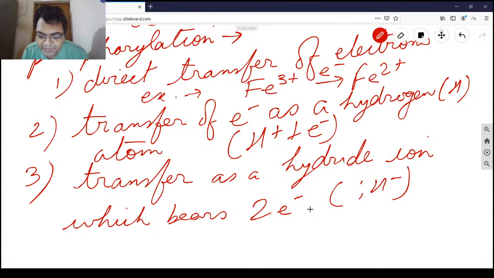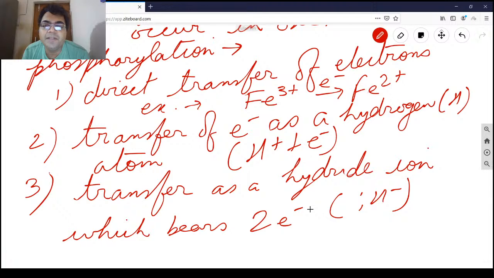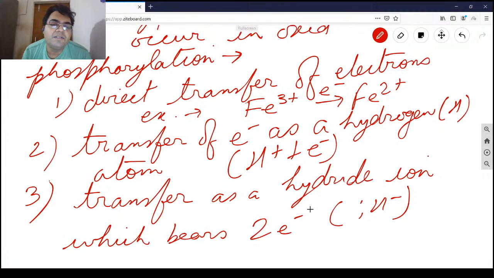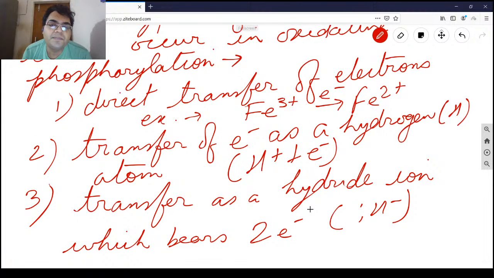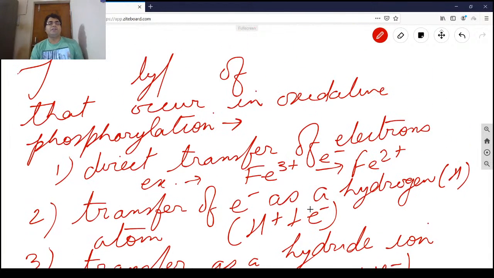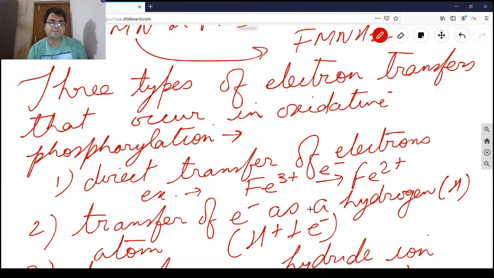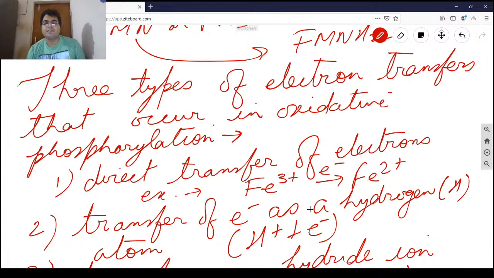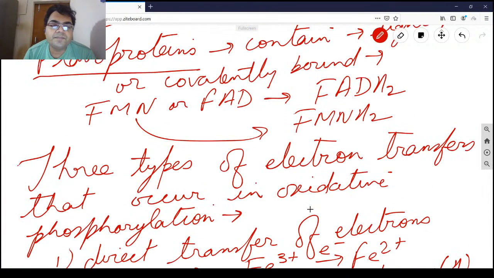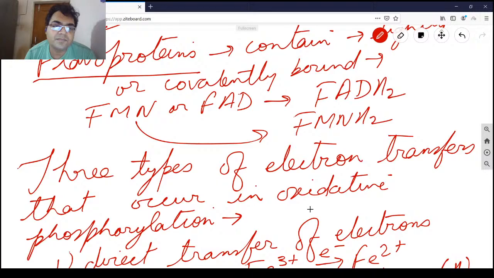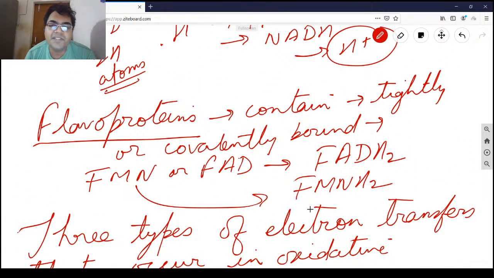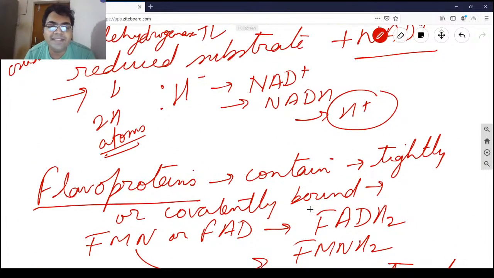The one which I showed you here, if you remember. I can go up. You scroll up this screen. Before flavoproteins, we were discussing this thing. See here, the 2H atoms.